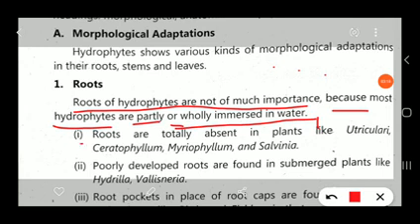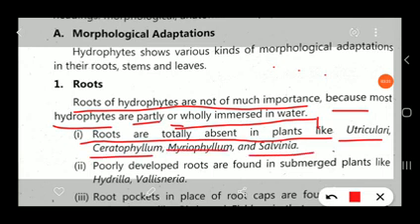In some plant species, roots are totally absent, like Utricularia, Ceratophyllum, Myriophyllum and Salvinia. These are the plant species where roots are absent.